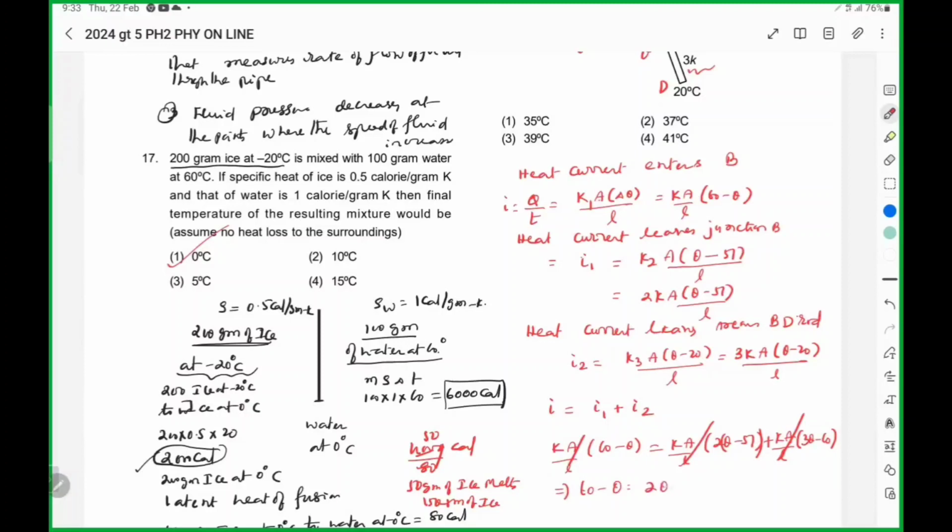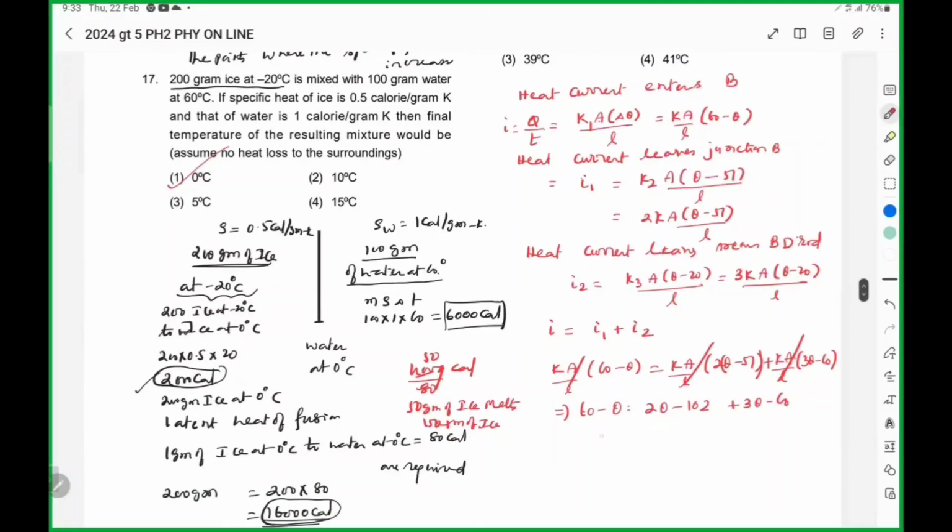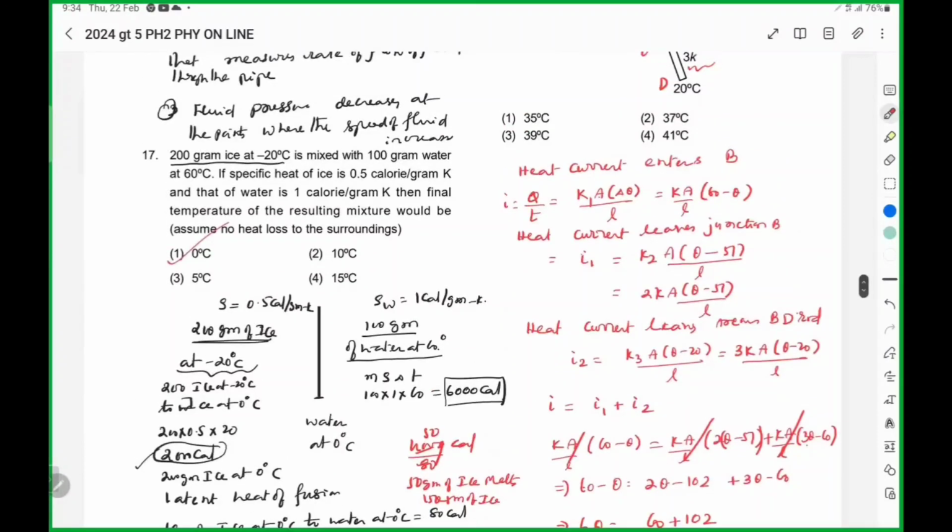So 2 theta minus 102, and here it is 5 theta. 6 theta is equal to 60 plus 102. Here it is 3 theta minus 60.